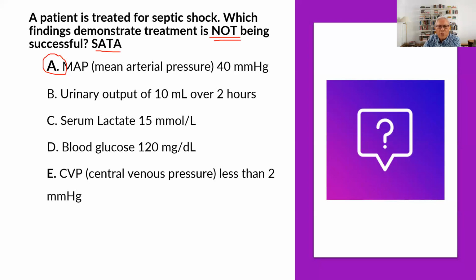The other thing is that urinary output should at least be 30 mLs per hour. So again, this is correct. Letter B is a correct response. Serum lactate should be less than 2 millimoles. This one is high. If it's high, what does it indicate? It indicates the cells are not receiving enough oxygen due to the low tissue perfusion. So letter C is also correct.